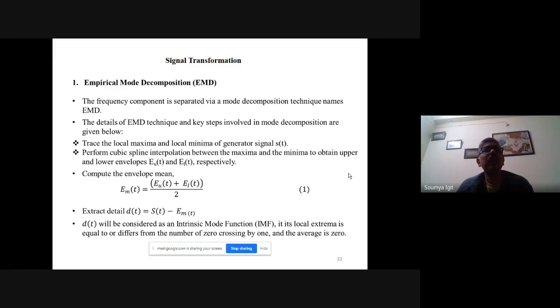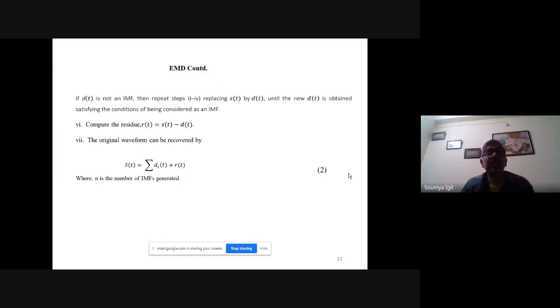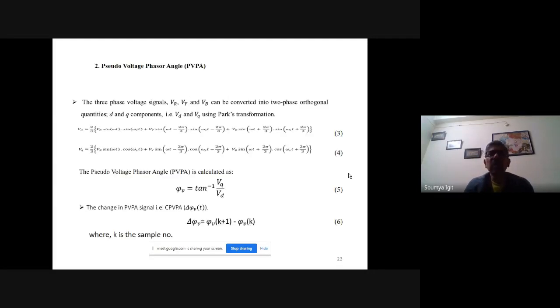The empirical mode decomposition segregates the signal into different monotonic functions and different frequency components, and you get the residue. That means the original signal is a summation of the different frequency components followed by some residue. It is just like a synthesis. Very simple, right?